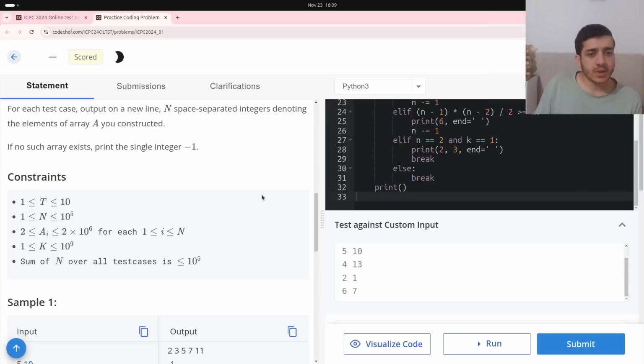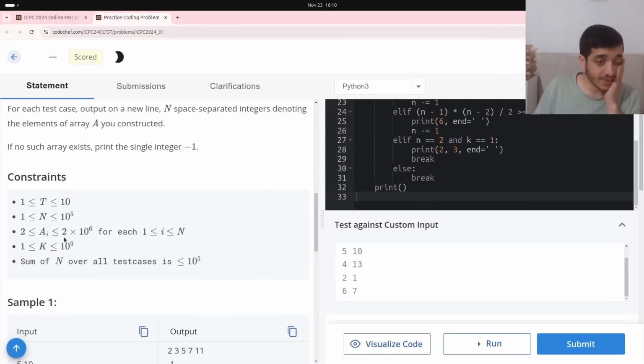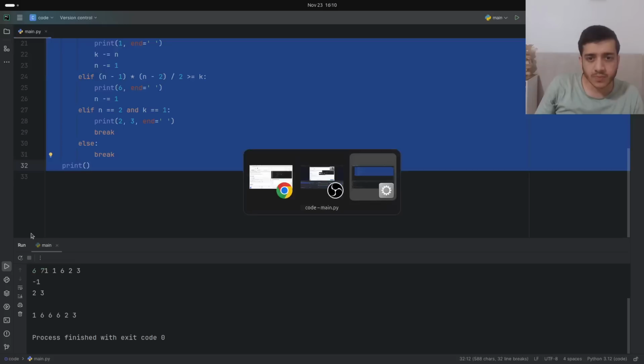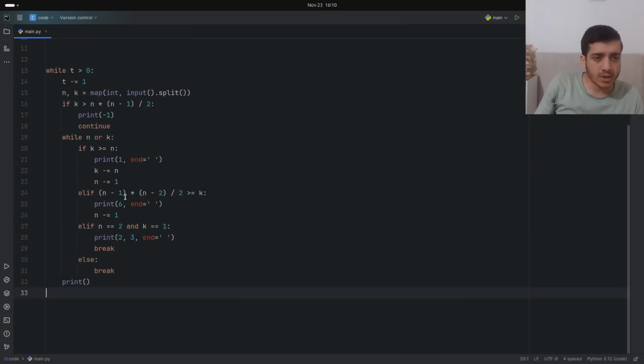Okay, it seems that I was doing it incorrectly, and a_i should be at least 2. So that's the note. If we want to do that, that can be done easily, I think. So instead of 1, we print 2.